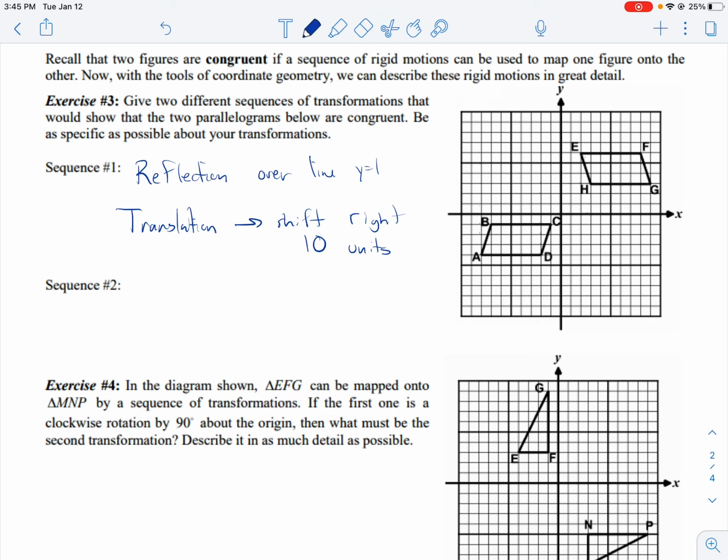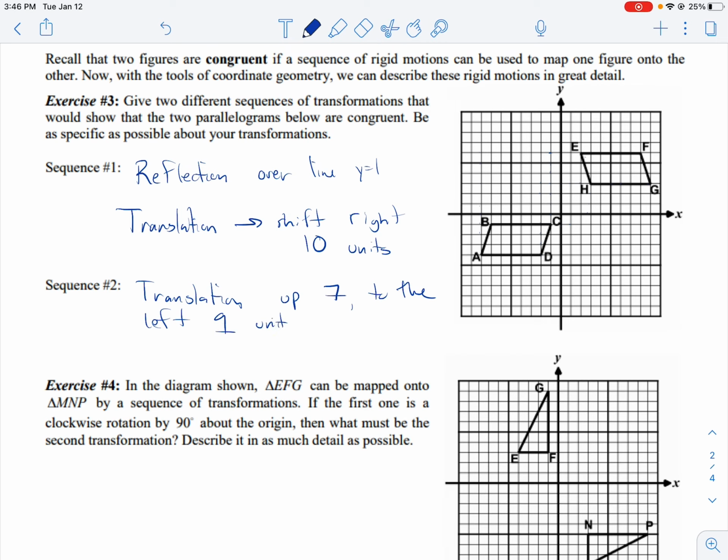I'm going to use a translation. So I'm going to go up 1, 2, 3, 4, 5, 6, 7. Translation up 7 and to the left 1 unit.